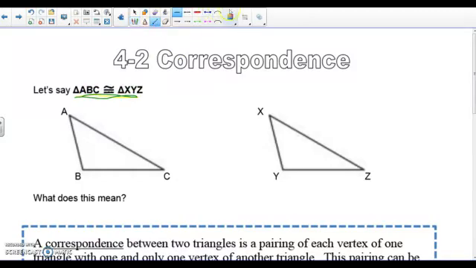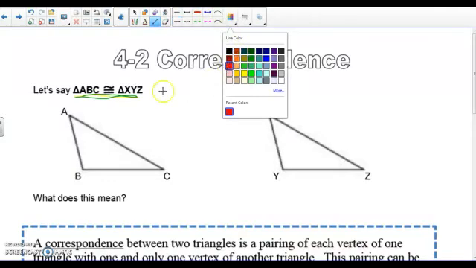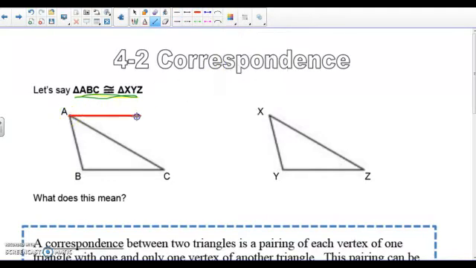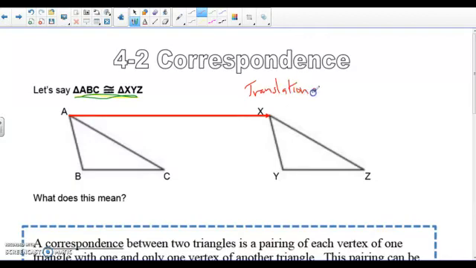So taking it back to these rigid motions, what we can tell in this picture is that A maps to X through a translation. So this is a translation along vector AX.